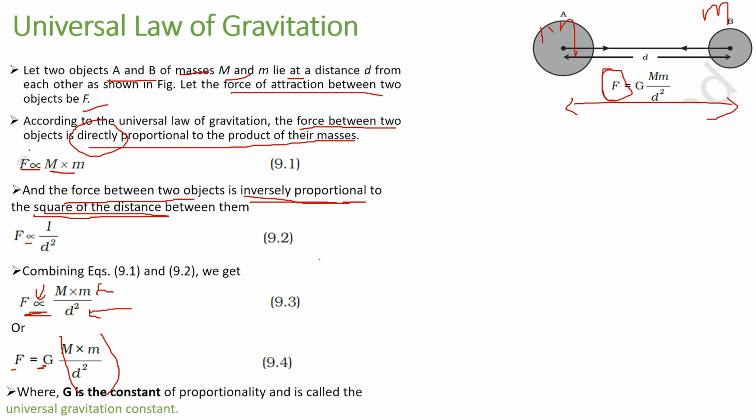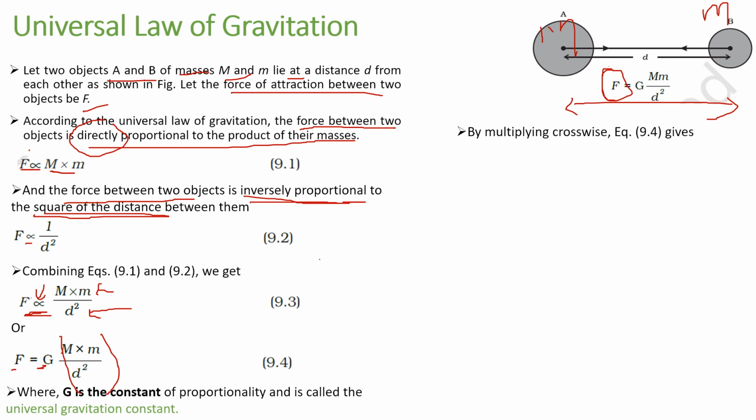Now what is G called? G is a constant of proportionality and is called the universal gravitation constant. Remember, G is a universal constant. F is equal to G into M into m by d square. What is this constant's value? We'll see that in the next few minutes.